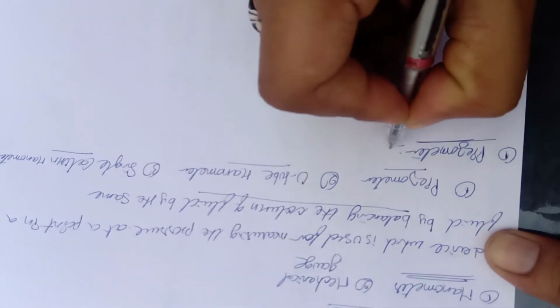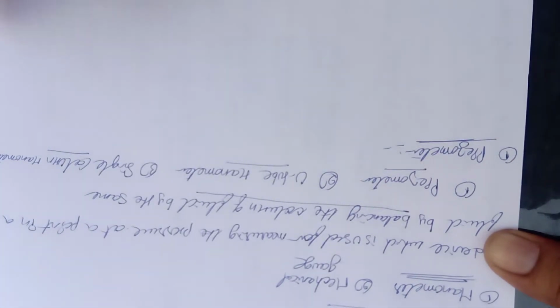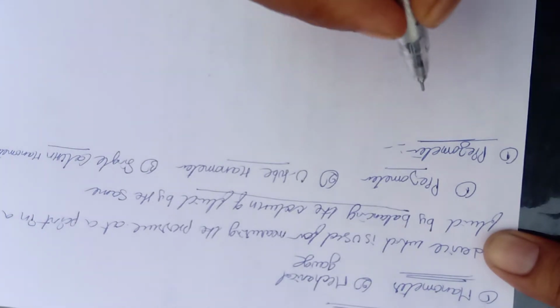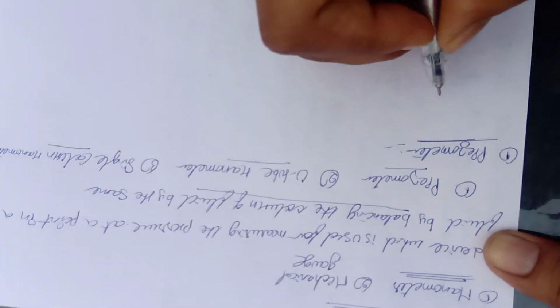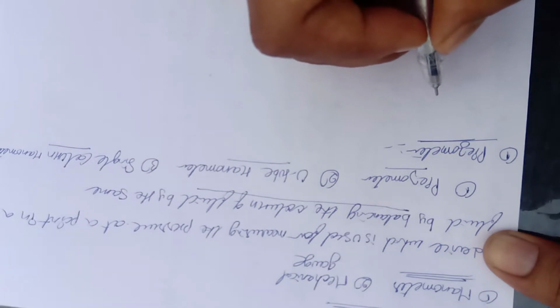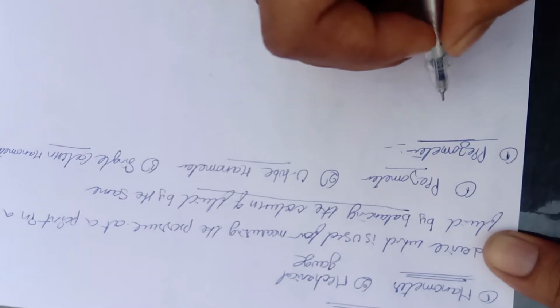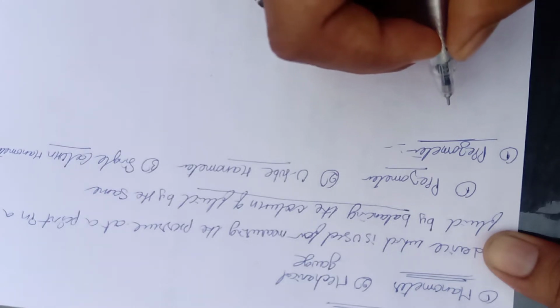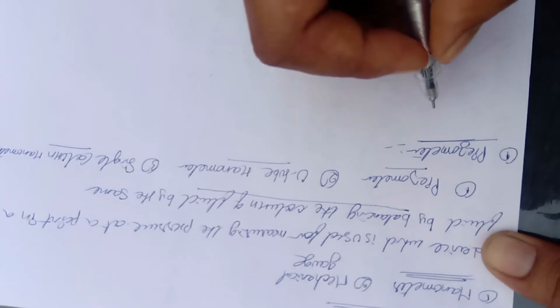So what is a piezometer? It is nothing but a measuring instrument which is used to measure the pressure of a specific liquid, whose one end is connected to the point whose pressure is to be found and one is left open.